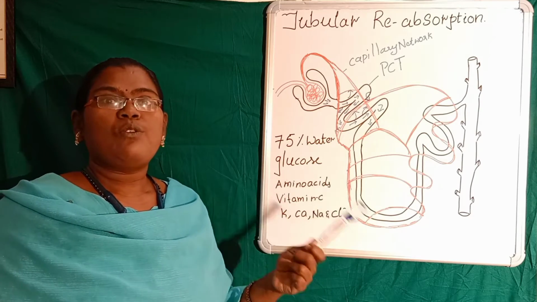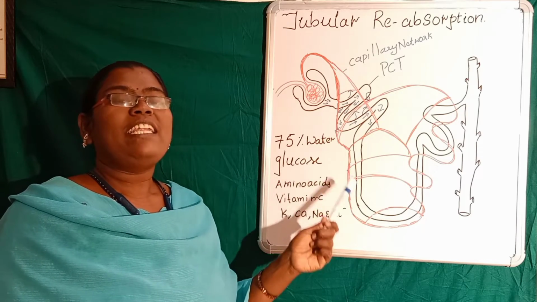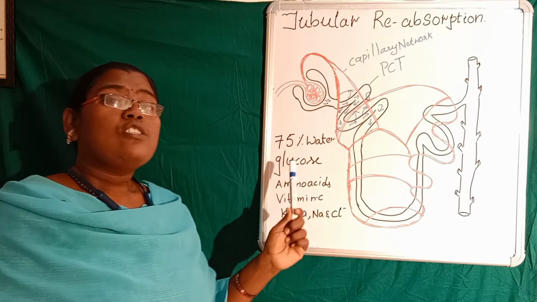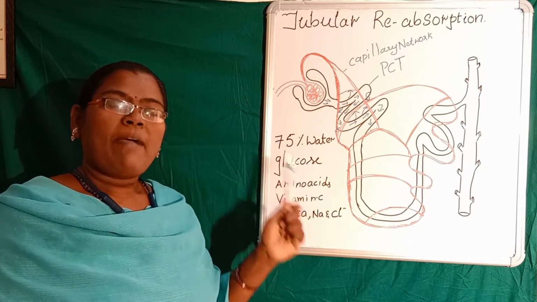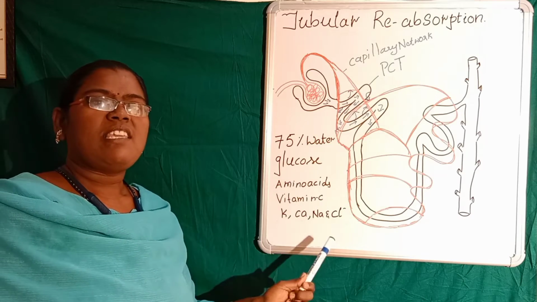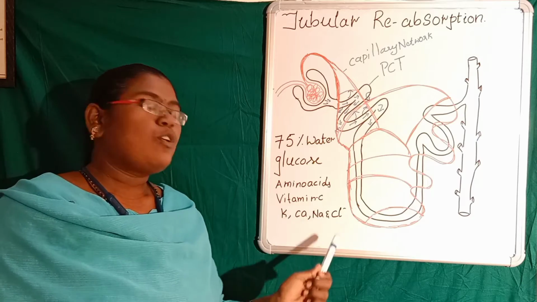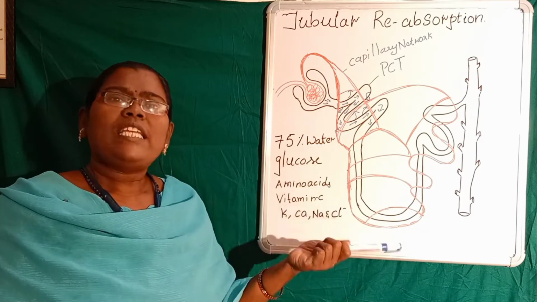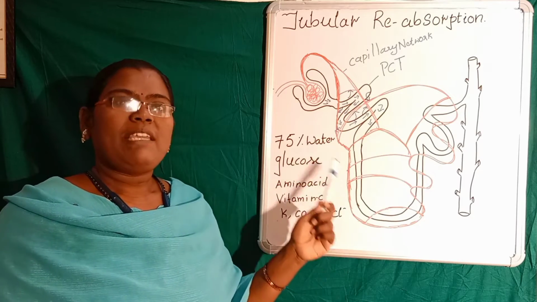What is reabsorbed here? 75% of water is reabsorbed at the PCT level. Not only water, but also glucose, amino acids, vitamin C, and many salts like potassium, calcium, sodium, and chloride ions. All the useful content is reabsorbed in the PCT.